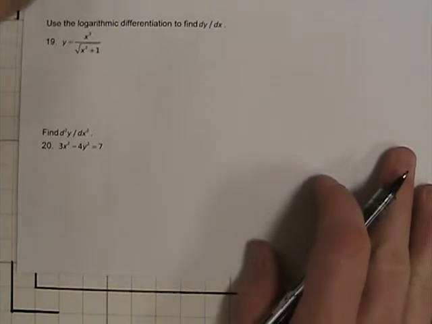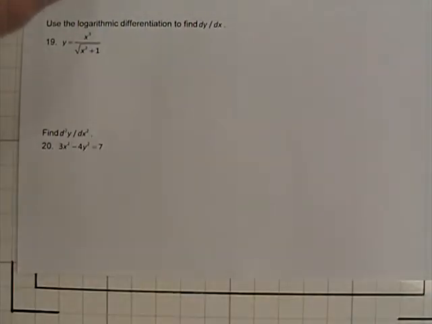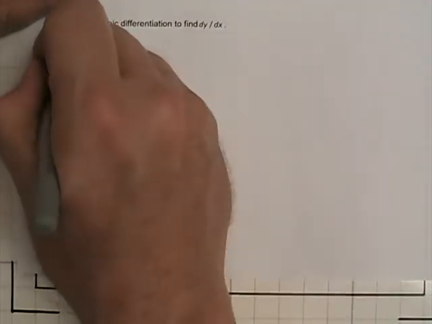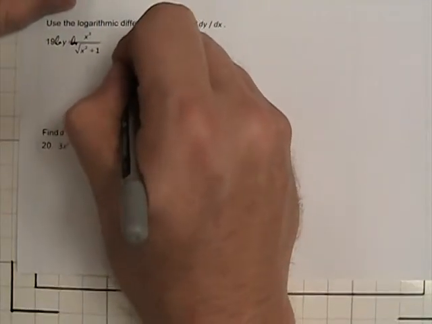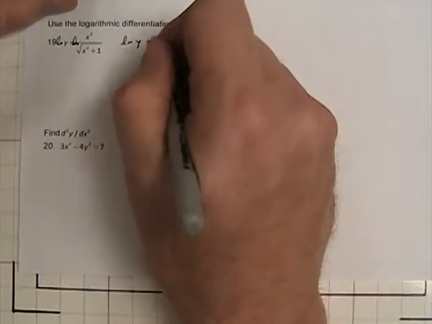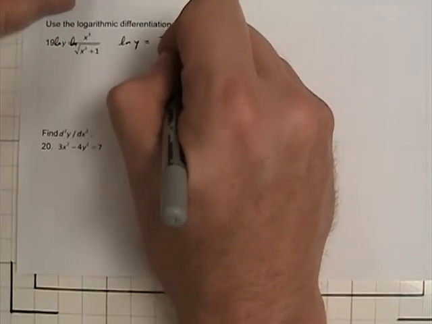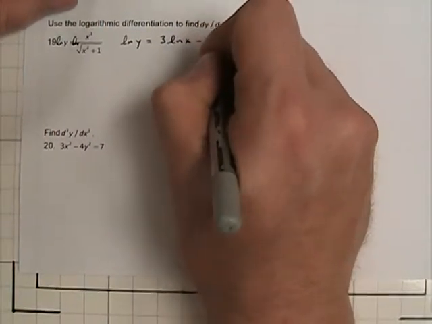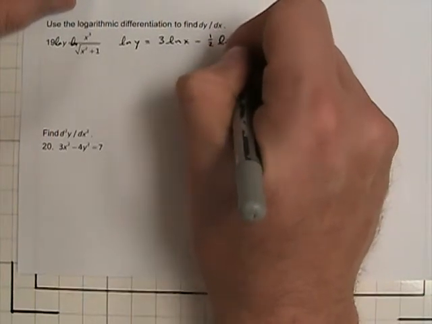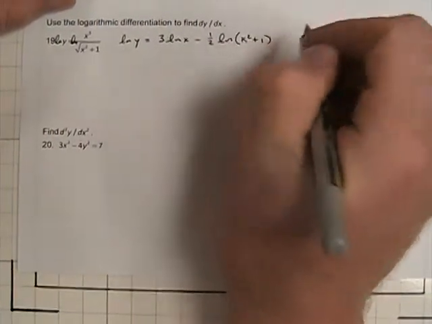Okay, 19 kind of required you to do logarithmic differentiation, although there was a problem here earlier where we had to use it also. So we'll rewrite this as log y, natural log of this side, and so that's going to get me log y equals 3 ln x minus 1/2 ln of x squared plus 1.